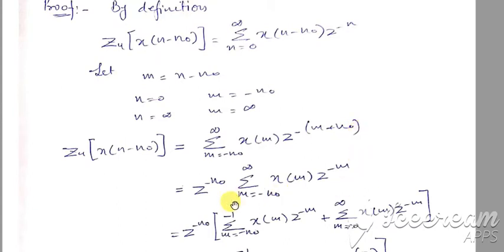Now we can break this limit, m is equal to minus n0 to infinity, as m is equal to minus n0 to minus 1 and 0 to infinity, like this.